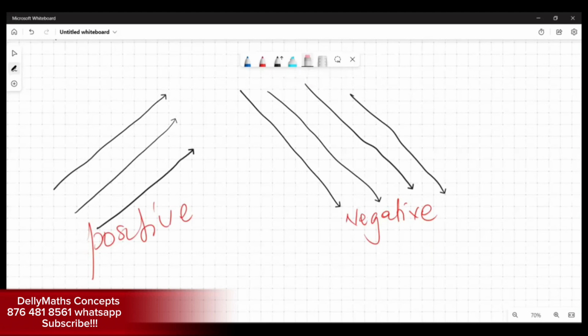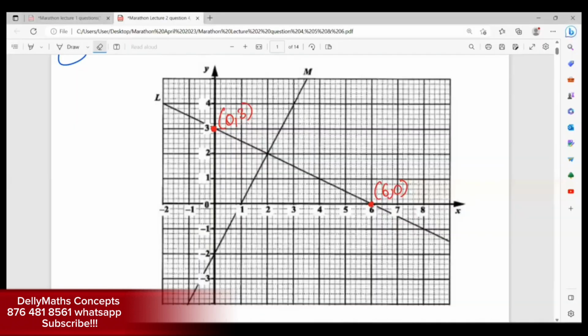So in this question, you could see that one is positive and one is negative, right? So let's take off this. So M, here are the points. You can label them X1, Y1, X2, Y2.